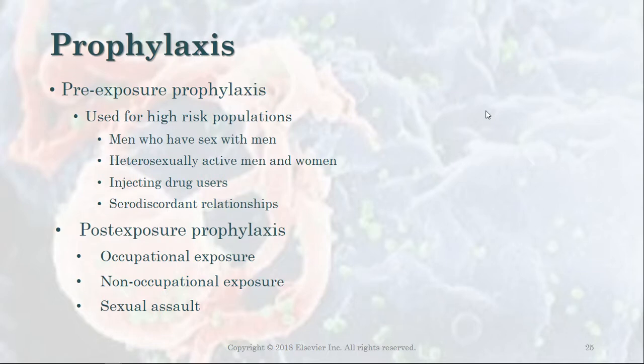A serodiscordant relationship is a relationship where one individual actually has HIV and the other does not. Post-exposure prophylaxis is given when there is an occupational exposure, a non-occupational exposure, and also a sexual assault.